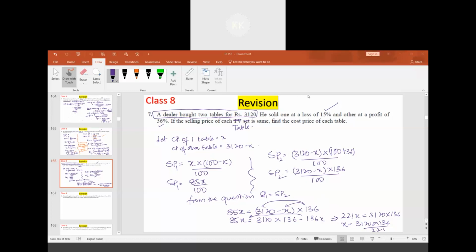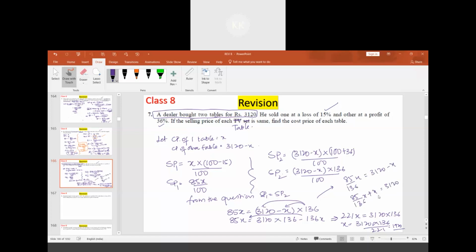Other than that, you can just shift 136 to the left hand side. 85x divided by 136 is equal to 3120 minus x. That also can be done. Further you have to simplify by taking LCM. 85 by 136 x plus x will be equal to 3120.